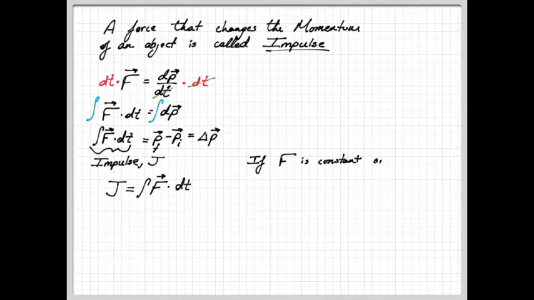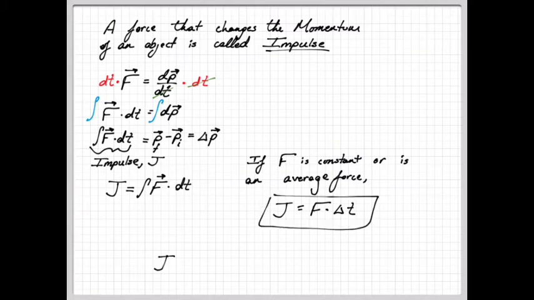So if F is constant, or if in a real applicable problem we just want to look at the average force, then the impulse is actually the force, constant or average, times whatever the change in time is.